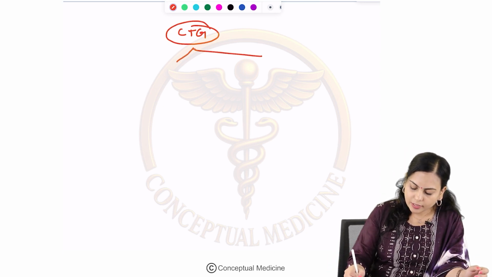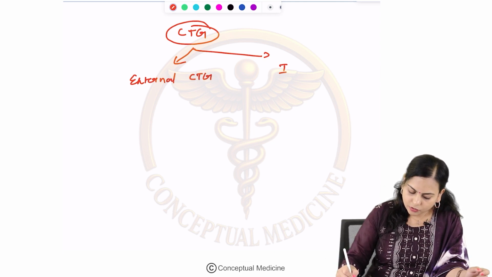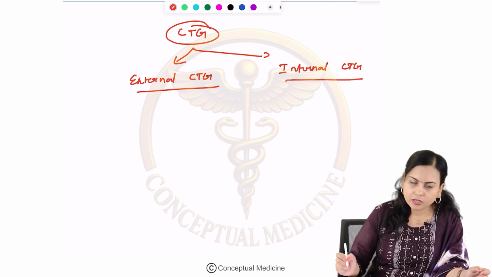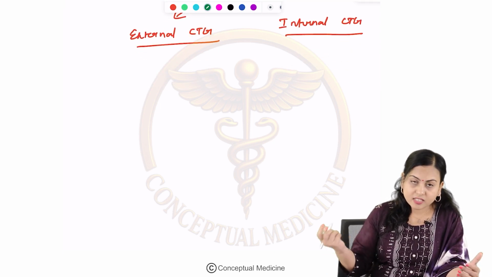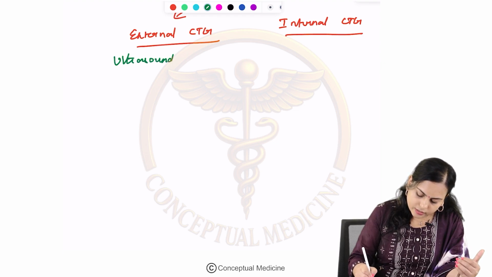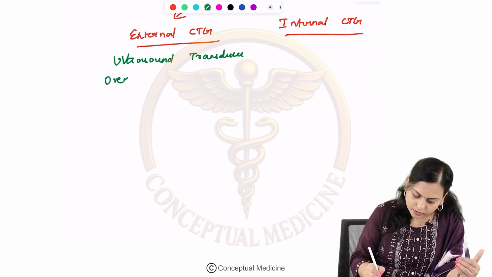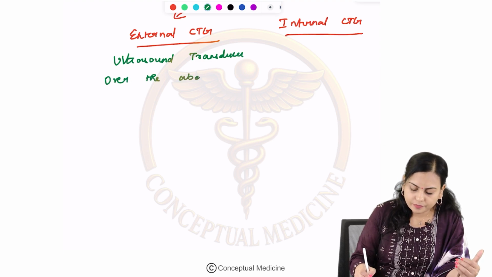You can have 2 types of CTG, that is, external CTG monitoring or internal CTG monitoring. Okay, so what does external CTG monitoring mean? You will be keeping the ultrasound transducer over the abdomen.